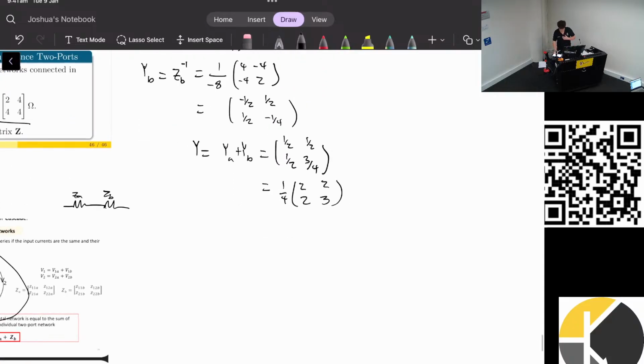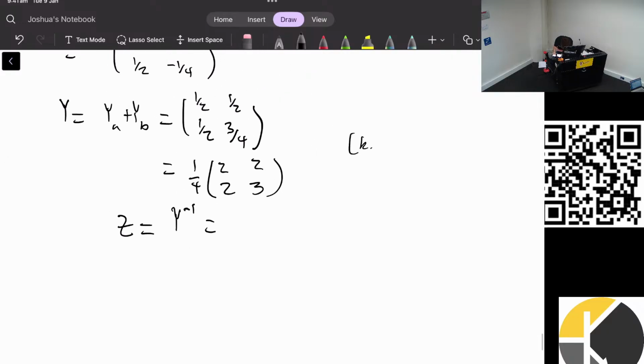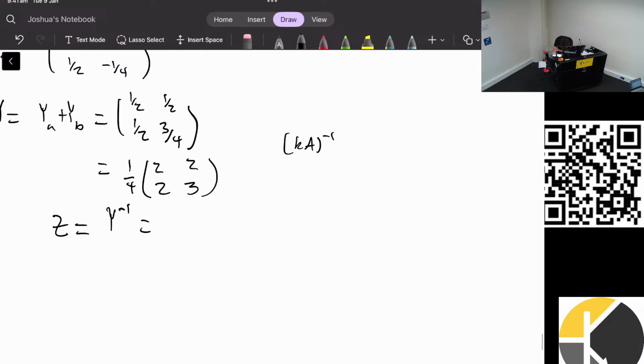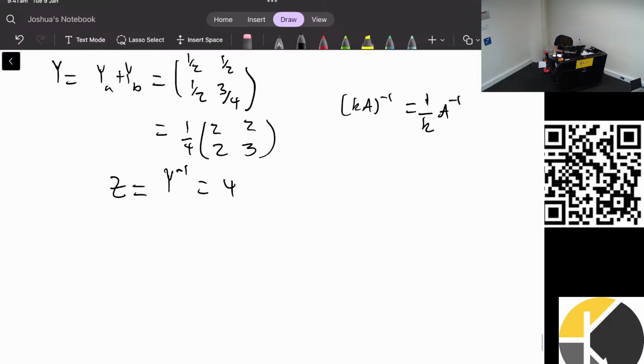They didn't ask us for the admittance parameters of the system, they asked for the impedance parameters. So the total Z equals Y inverse. When you have a coefficient next to a matrix, it just becomes like that, if you remember from first year math. So we divide by the determinant.